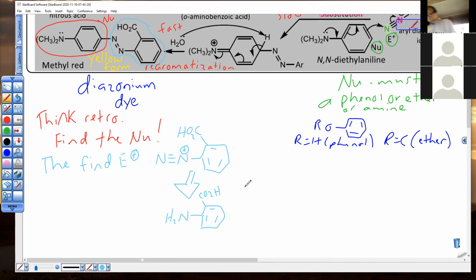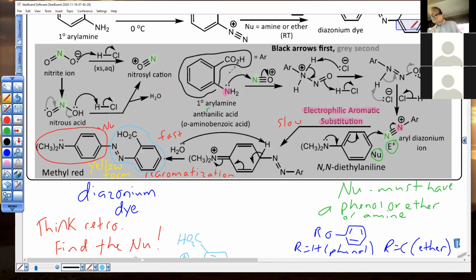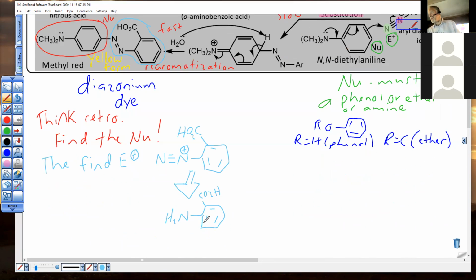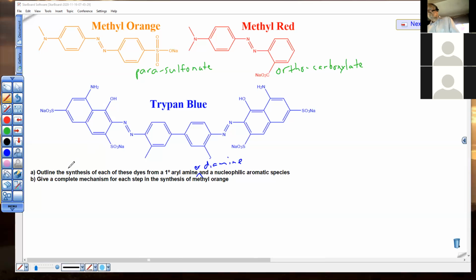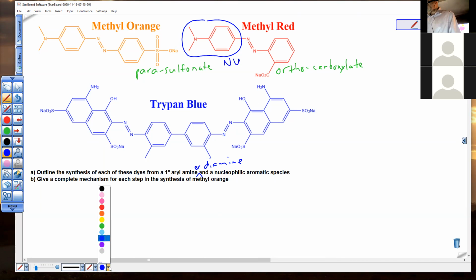And you'll see that was used in the synthesis right here. And so we got all the pieces we need. Let's outline our synthesis on the page after the next one. All right here. Outline the synthesis of each dye. We'll start with methyl red. And remember, we identified the nucleophile first. And that was the one that had a nitrogen with a lone pair on it. And then we identified the electrophile.